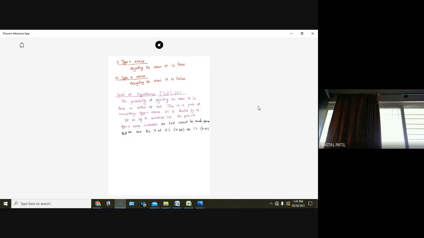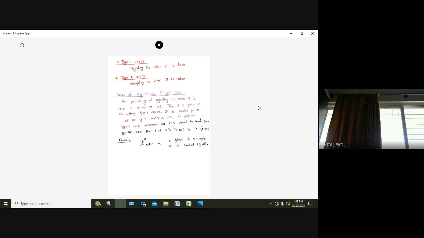Then next, formula. Chi-square k minus p minus 1 alpha is given in the example, at alpha level of significance.